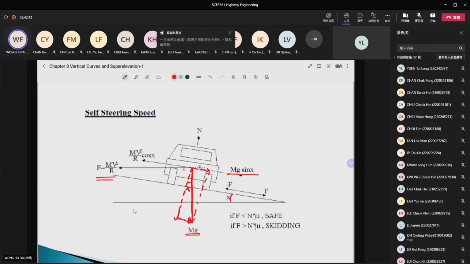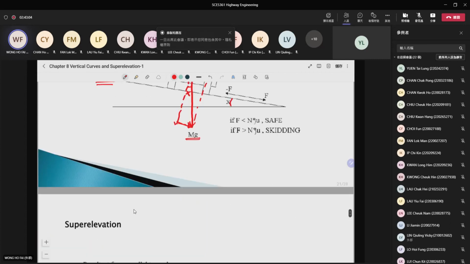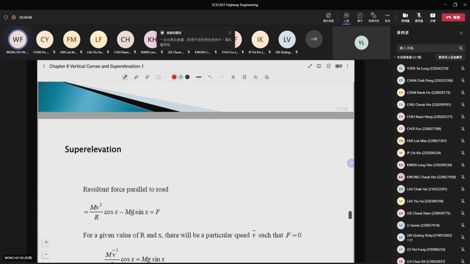And then for the other side, actually it is equal to mv squared over r. And you can see that this one is also equal to x. And then the centrifugal force component is equal to mv squared over r times cosine x. So if you consider the equilibrium along the road, actually you have mv squared over r cosine x, which is from the centrifugal force.